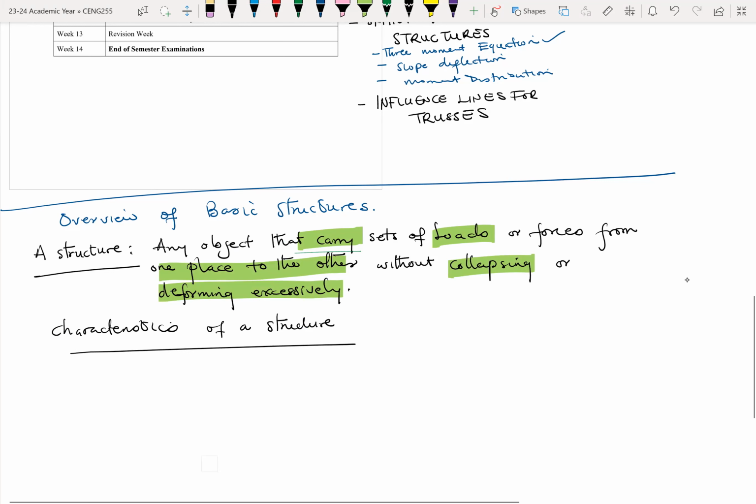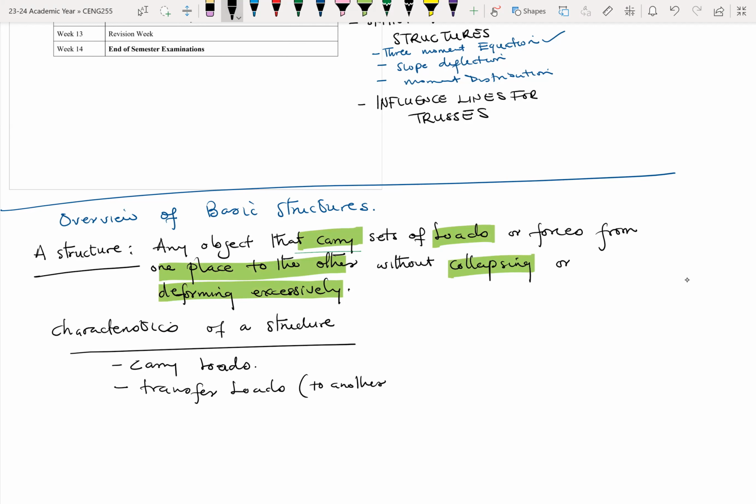So the first thing is that you should be able to carry loads. If it cannot carry loads, then it's not a structure. Okay. Then transfer these loads. With the transfer of the loads, you should be able to transfer the loads to another structure or another structural component, or to the ground.